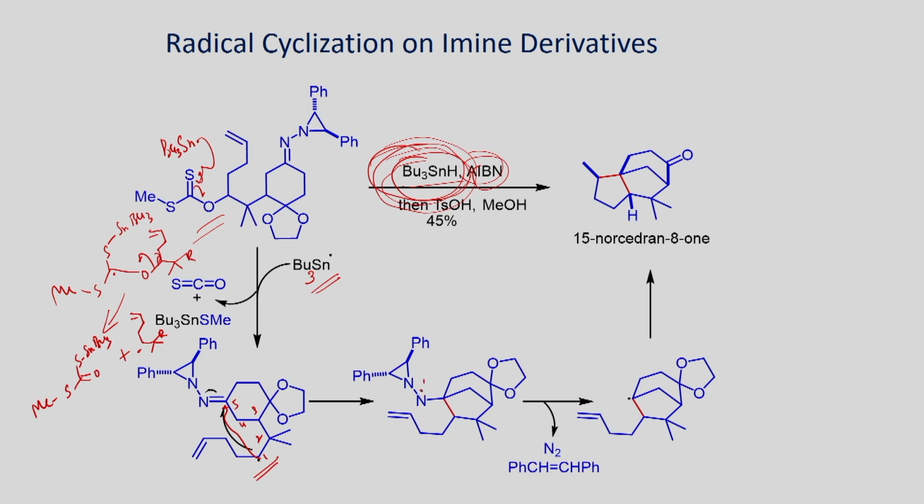This can lose a nitrogen molecule, and you will be able to form a tertiary radical.